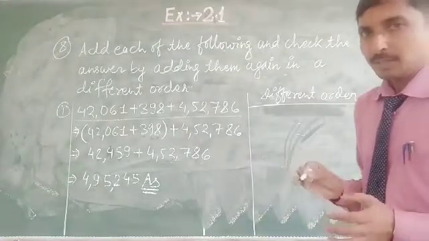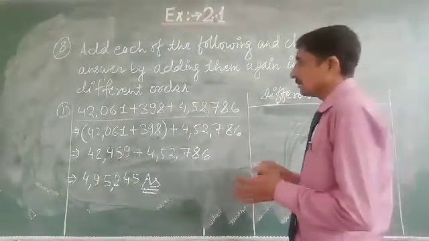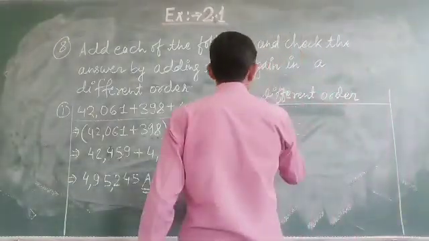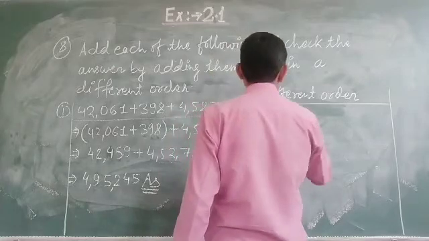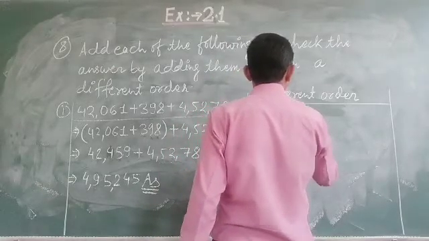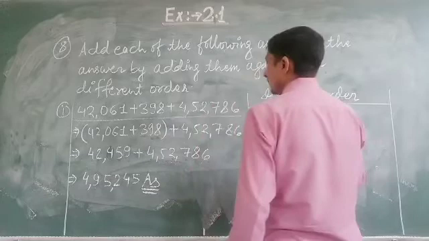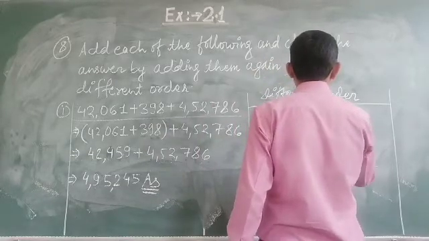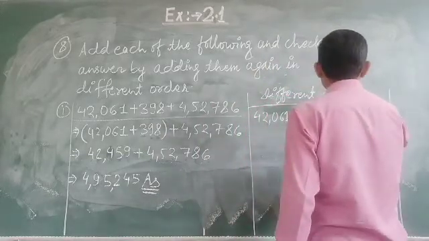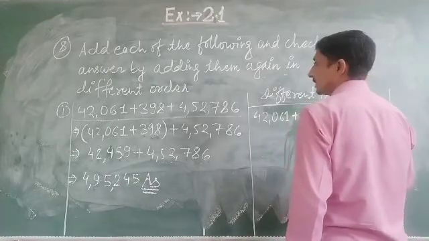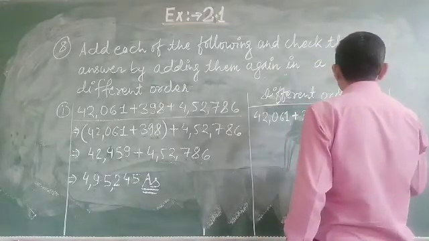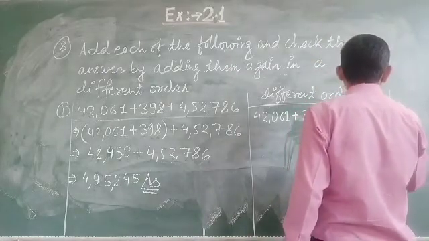and check if the answer is same or different. Now 42061 plus 398 plus 4,52,786.